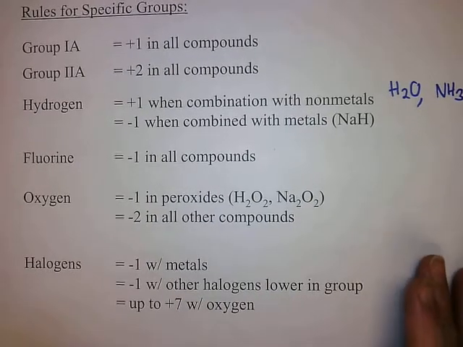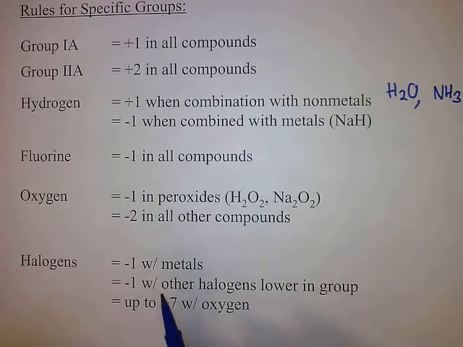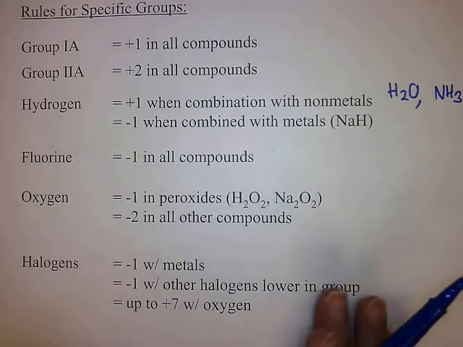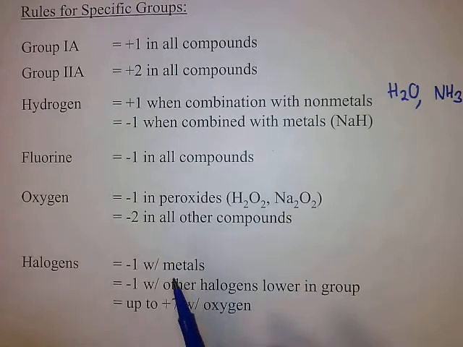Now the halogens, that's the very last group on the periodic table: fluorine, chlorine, bromine, iodine. These tend to be -1 with the metals, -1 with halogens lower in the group, but they can go all the way up to +7 when combined with oxygen.